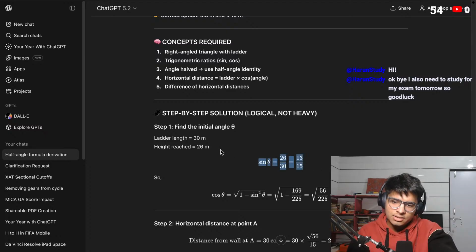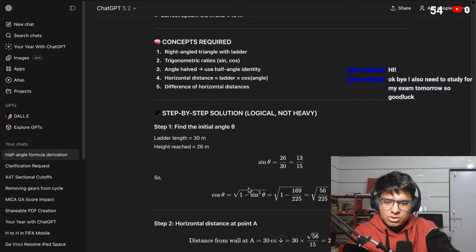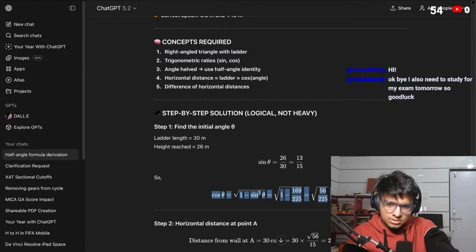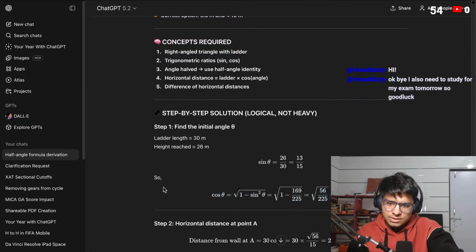Sine theta is 13 upon 15. Cos theta is root 56 upon 15.